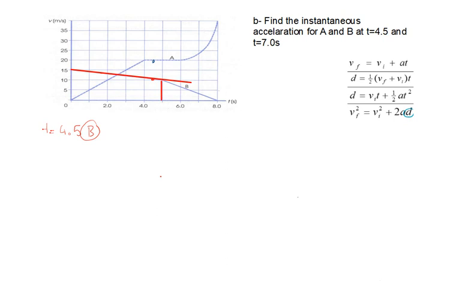From time 0 to time 5, the slope is the same, which we calculated previously, and it was negative 1. So from t equals 0 to t equals 5 seconds, the slope or the acceleration is the same.